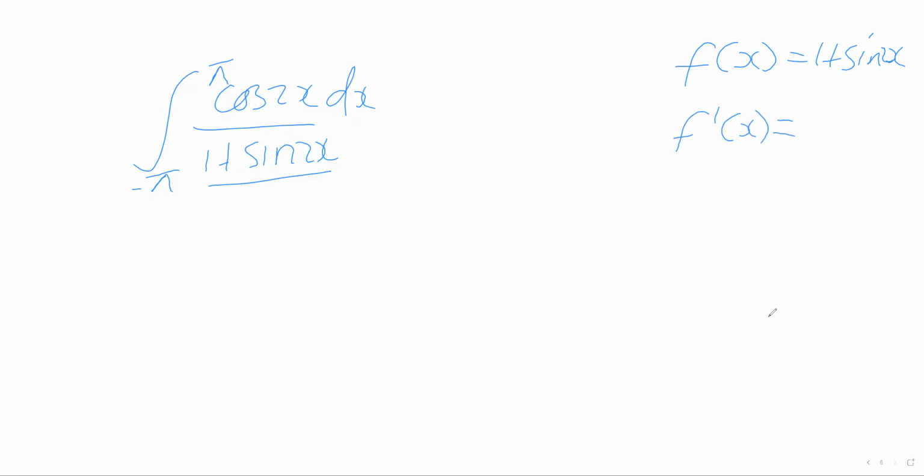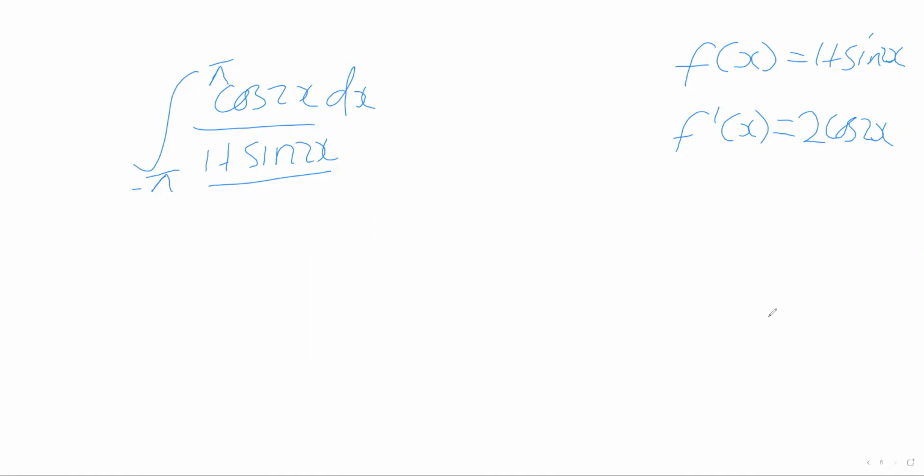What's the derivative? It will be 2 cos 2x. That's the derivative, 2 cos 2x.